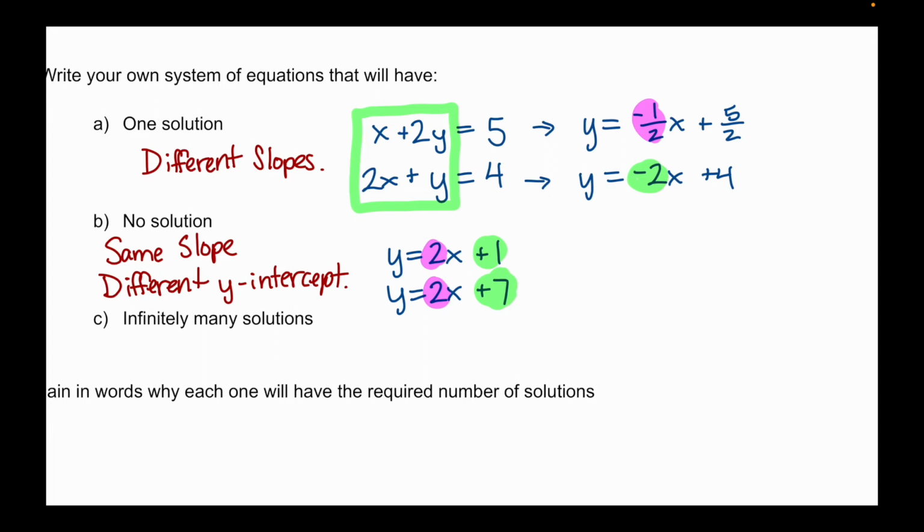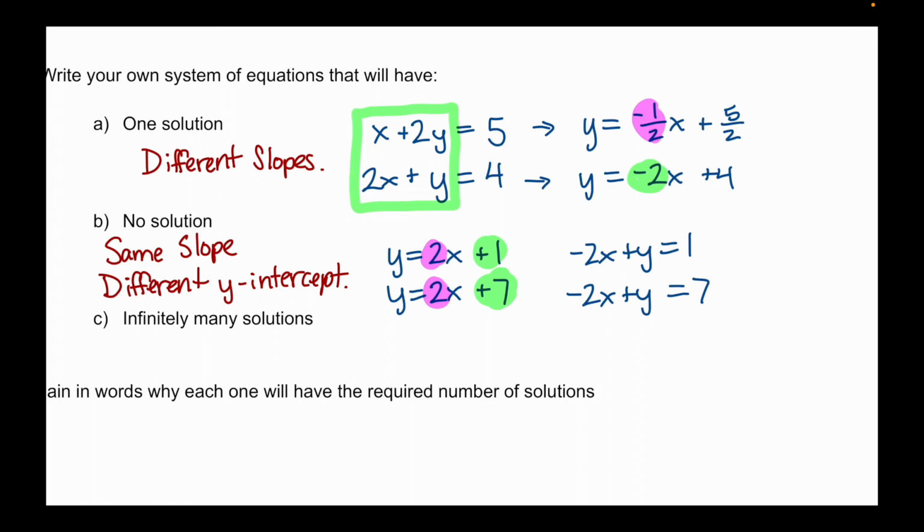Now, if I put these in standard form, you would see that they kind of look the same. It would look like -2x plus y equals 1, and -2x plus y equals 7.